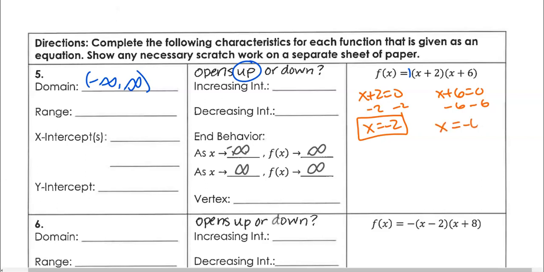I have an X-intercept of negative 6. So negative 2 and negative 6 are my intercepts. We good? Are we good? Yes? Okay.